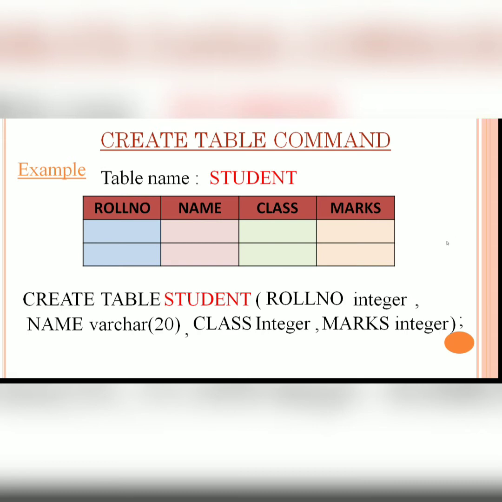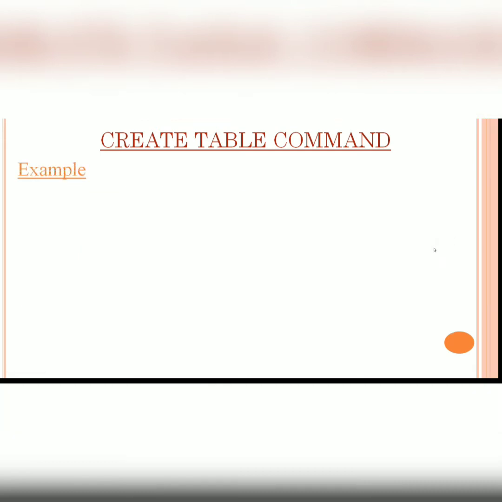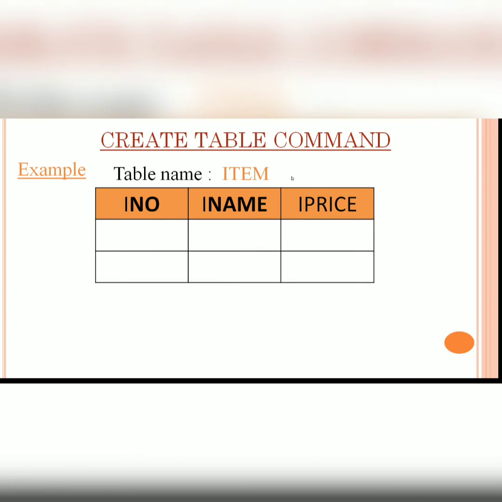Let's see one more example to make it more clear. Suppose we want to create a table item along with three fields: INO, INAME and IPrice. For this we will execute the following command. First we will write create table, then after table name, that is item.